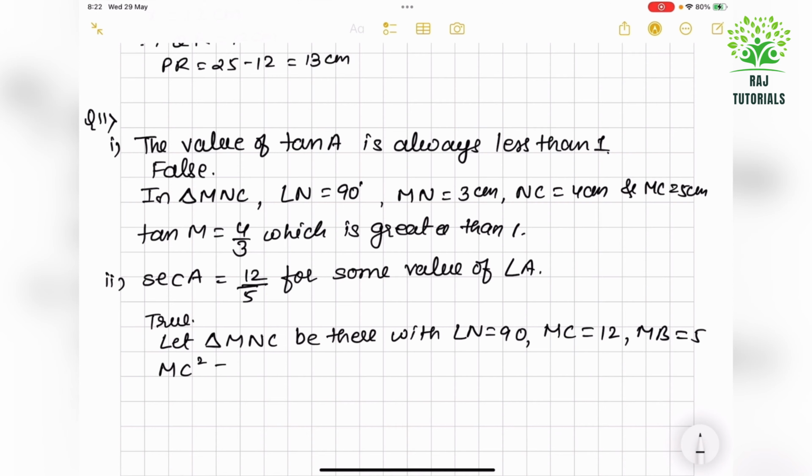So MC square equal to MN square plus NC square. So 12 square equal to 5 square plus NC square. So NC square will be 144 minus 25, so 119. So such a triangle is possible as it follows the Pythagoras rule.